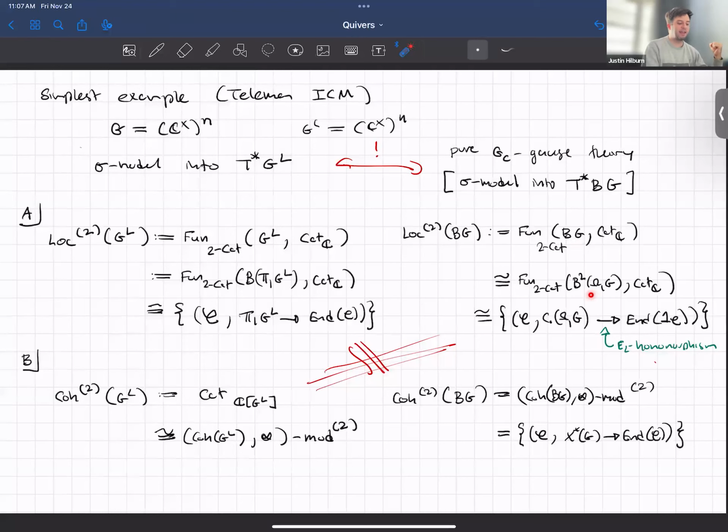This thing is again a K(pi,1), so it's really just a map from the second classifying space of the fundamental group into the 2-category of categories. But now things are shifted. Such a functor is now just a category, but now with a map from the fundamental group into the endomorphisms of the identity functor. Does this make any sense at all?